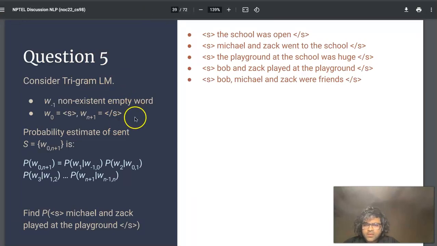They are asking to find the probability of "Michael and Jack played at the playground". How will you do that? The thing is pretty simple. You just need to calculate all these different probabilities and get the value. I hope these questions are not in the assignment.